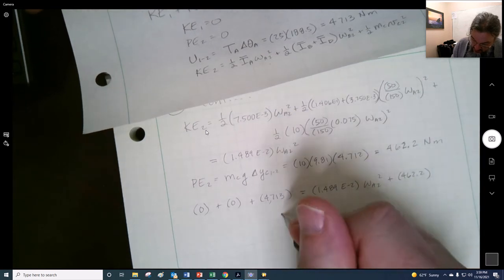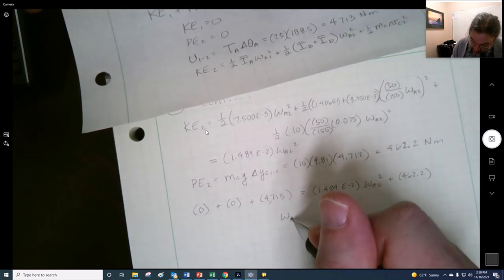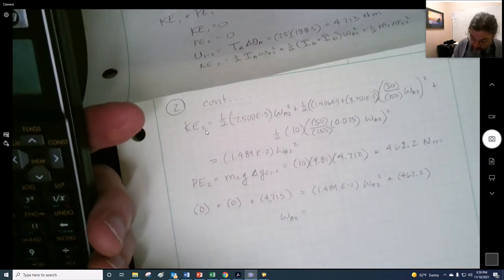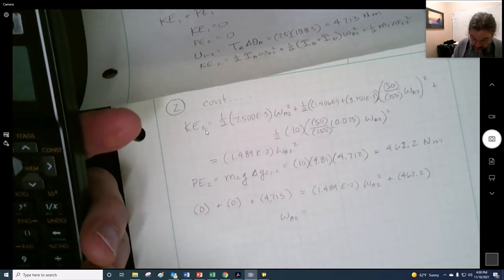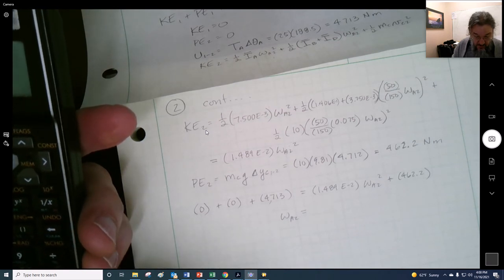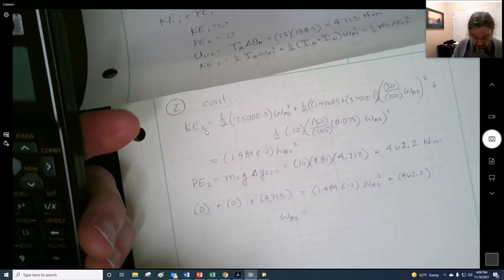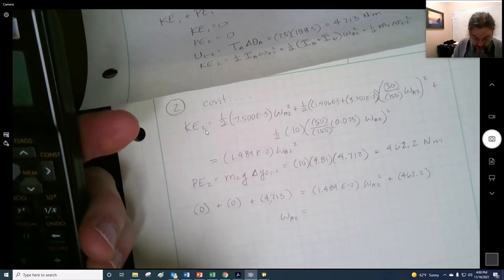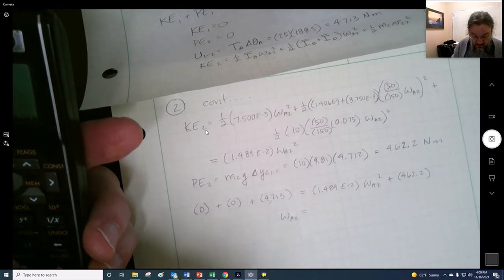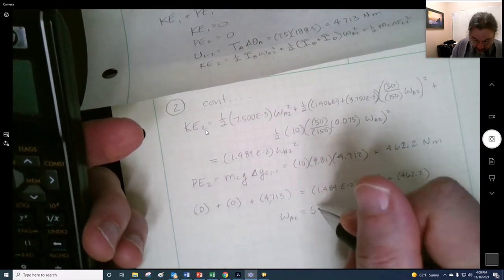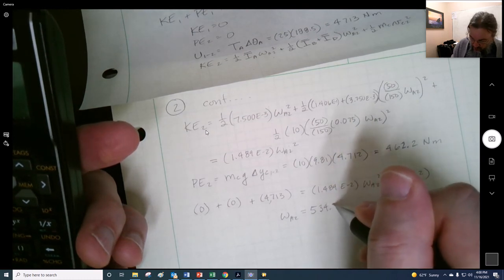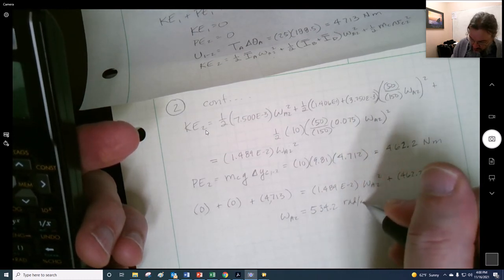I'm going to get omega A2 4713 minus, put it up big there so it didn't change it much, and then divide it, and then square root it. Jeez, that's a lot. 534.2 radians per second.